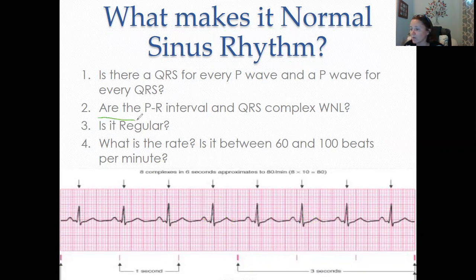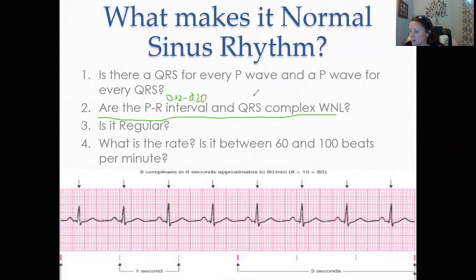Next up, are the PR interval and QRS complexes within normal limits? So that's going to be the PR interval we'll measure, and the QRS interval we'll measure. Remember, normal PR interval is 0.12 to 0.20.